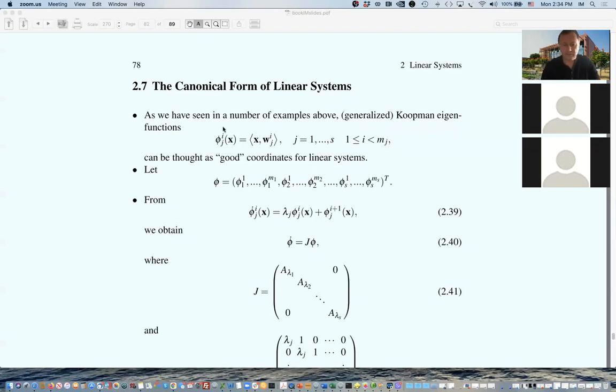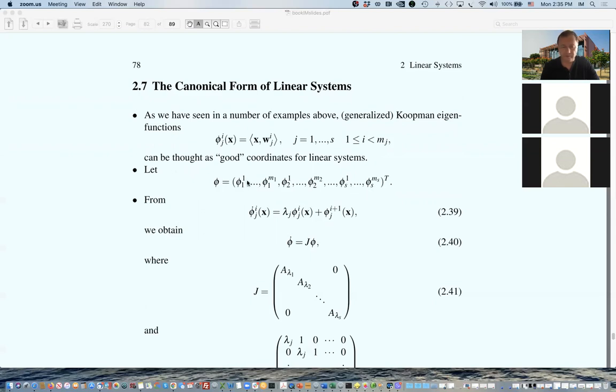The idea is to consider these, and we saw that eigenfunctions serve as nice coordinates for the system in the case of equal geometric and algebraic multiplicity. And here we are going to generalize that situation and say, okay, let's find a vector of these eigenfunctions.